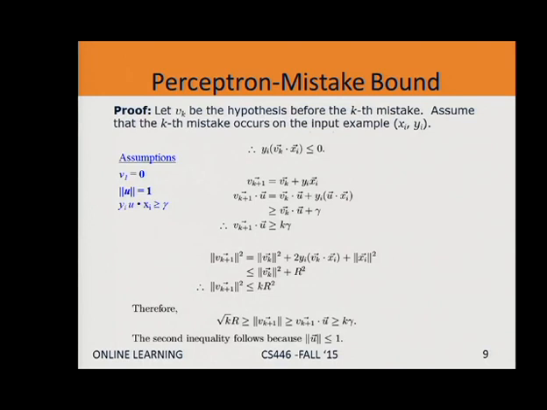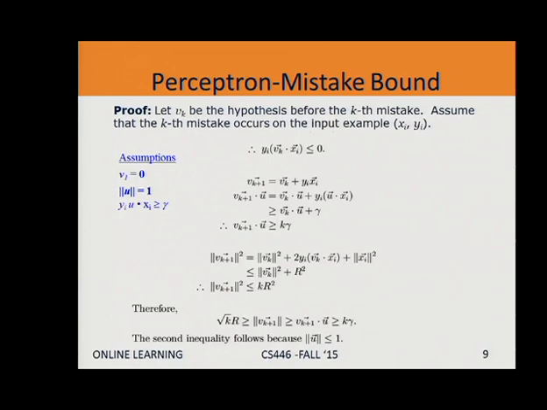And I'm going to remember this. So this is one result that we care about. The second direction, I'm going to reason about the norm of the weight vector, the norm of vk plus 1. So let's just compute this. The norm square of vk plus 1, by definition of the perceptron rule, is this.